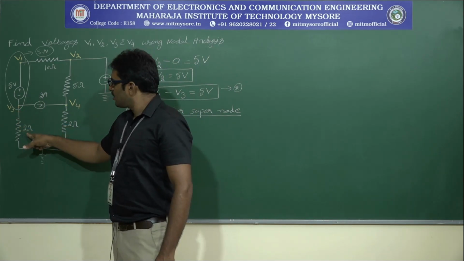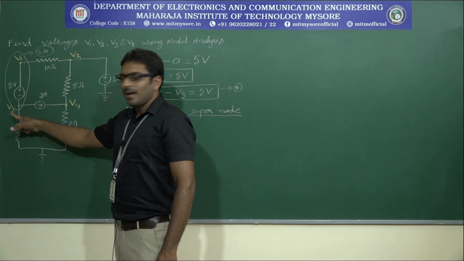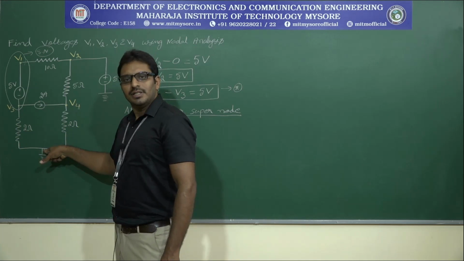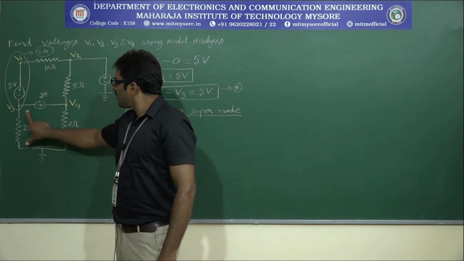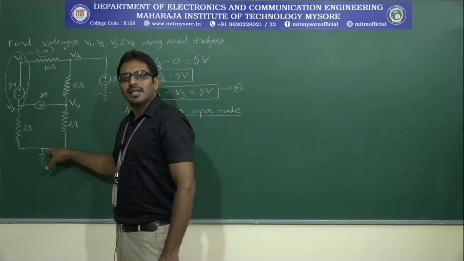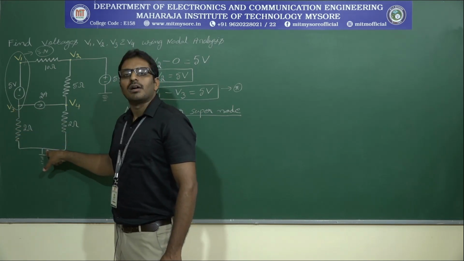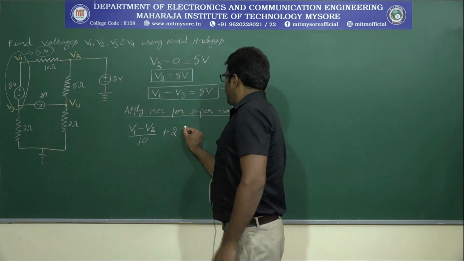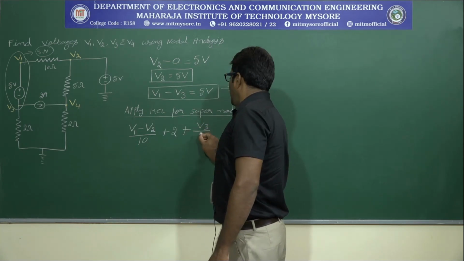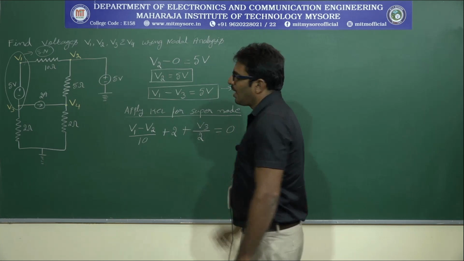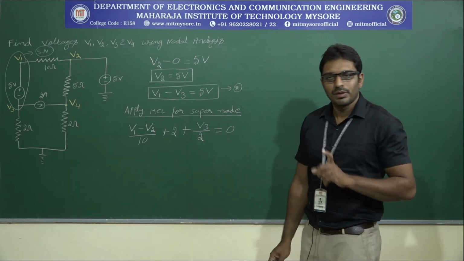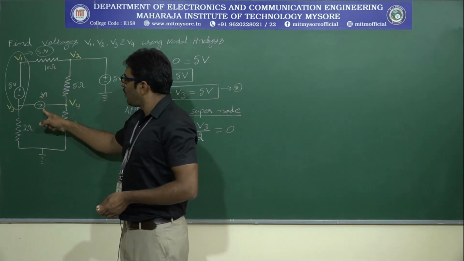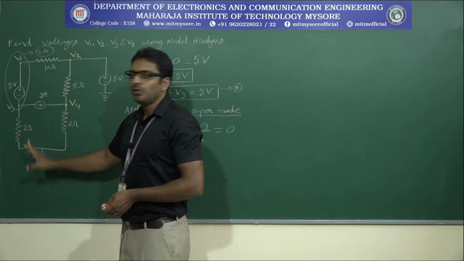Potential difference across the 2 ohm resistor is V3 minus 0, because one end is connected to V3, another end is connected to 0. To find out current, according to Ohm's law, I is equal to V divided by R. That's why V3 divided by 2, that is equal to 0. Any other branch connected to the supernode? So all the branches are completed. The first branch 10 ohm resistor, the second branch 2 ampere current source, and the third branch is 2 ohm resistor.